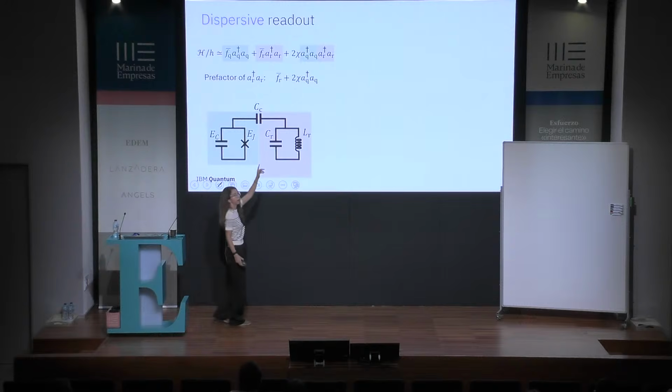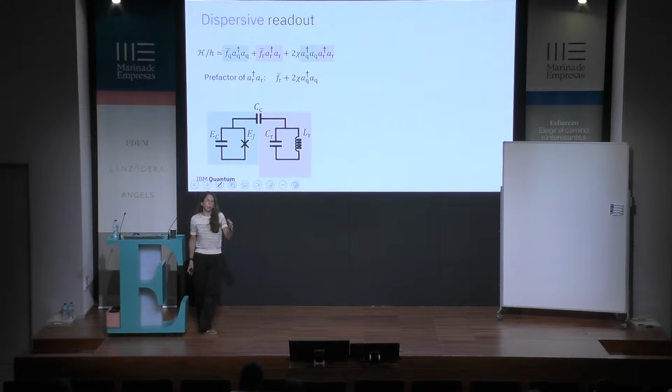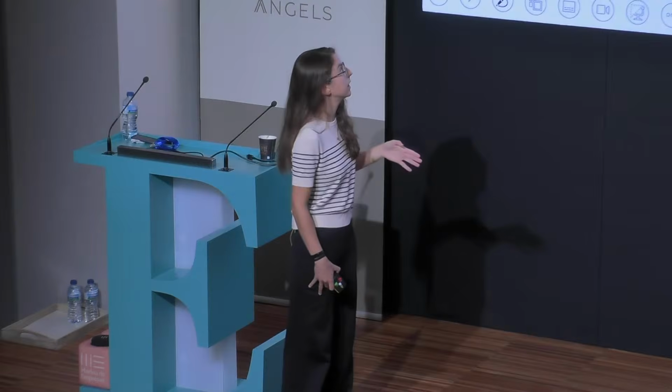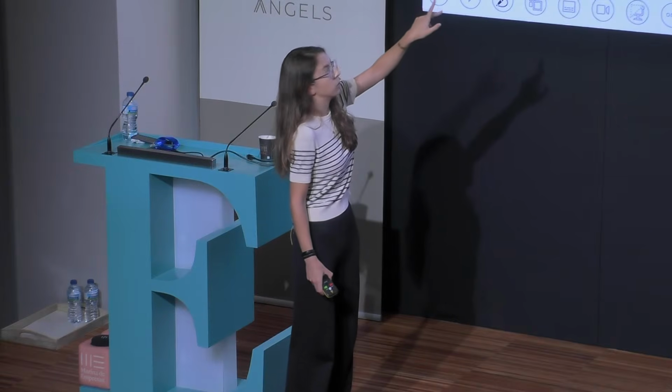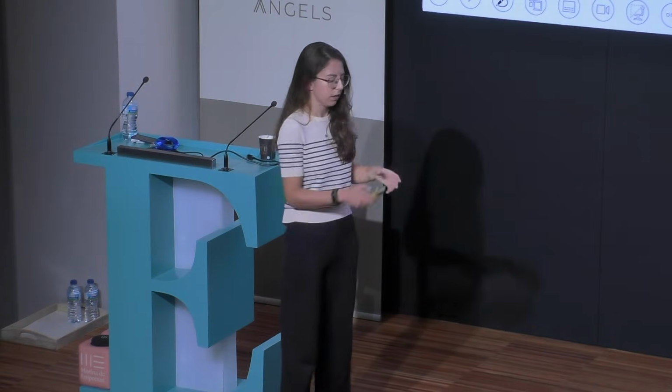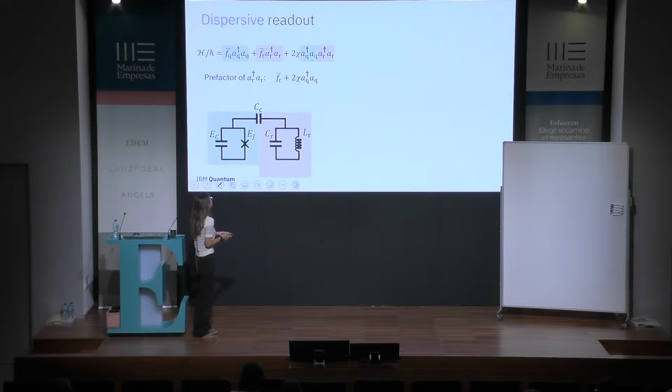So this A dagger A can be 0 if the qubit is in the ground state, or it can be 1 if the qubit is in the excited state. So we would have either FR if the qubit is in the ground state, or FR plus 2 chi in the other case. So that's already nice, because we have something that will be different. We'll have a different resonance frequency depending on the state of the qubit, and this is basically what we wanted.